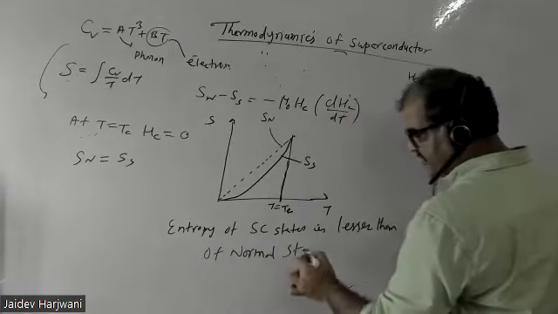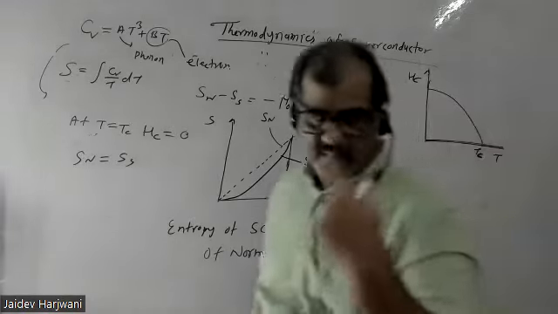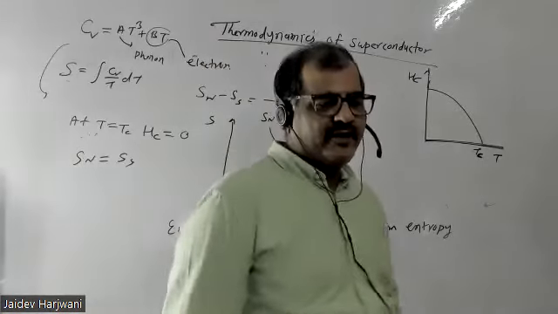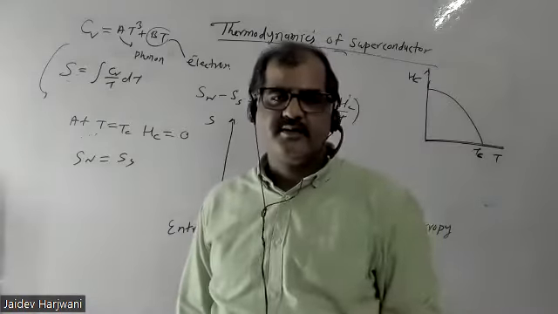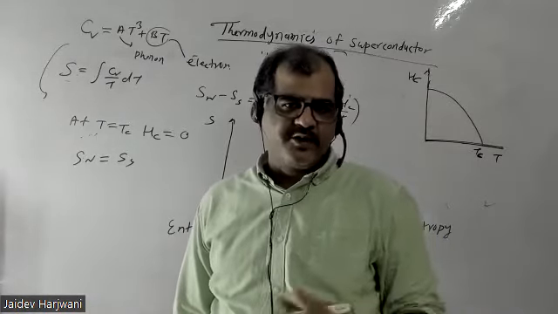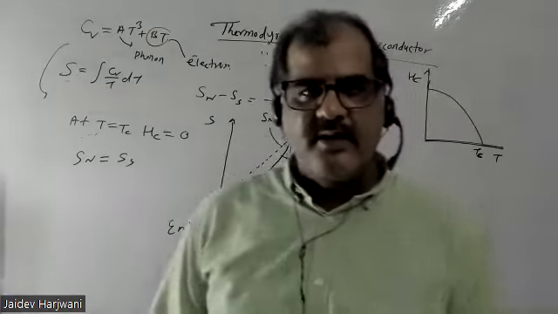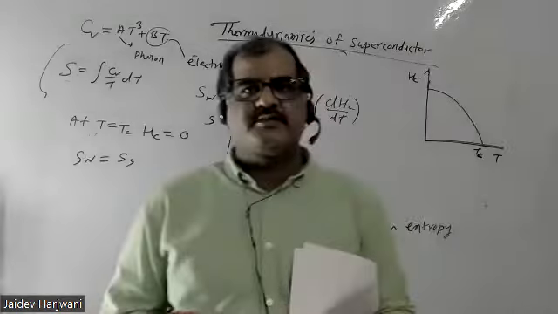These types of questions are just asked like facts. Then you should know the Gibbs energy is less in the superconducting state. Entropy is less means what? The superconducting state is a more ordered state. When entropy is less, that means it is an ordered state. Ordered state of what? Ordered state of electrons.